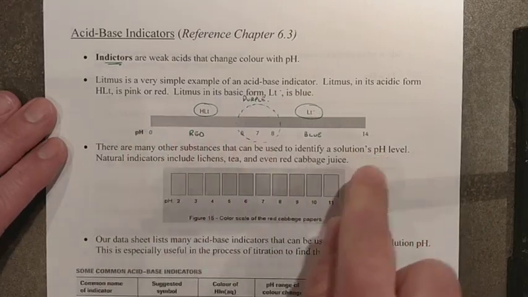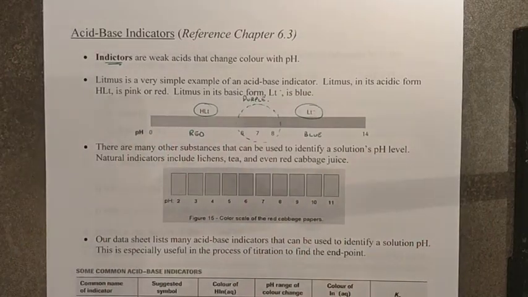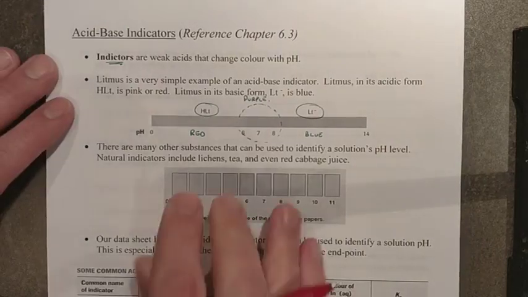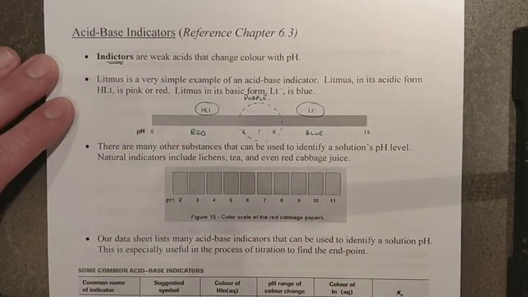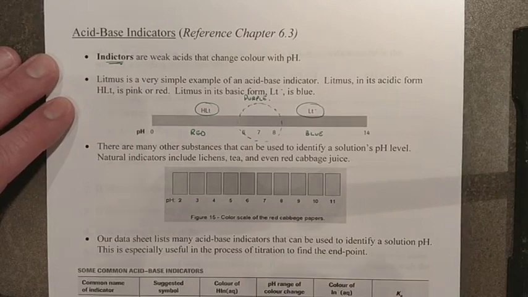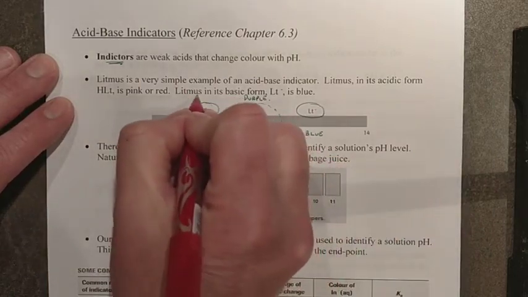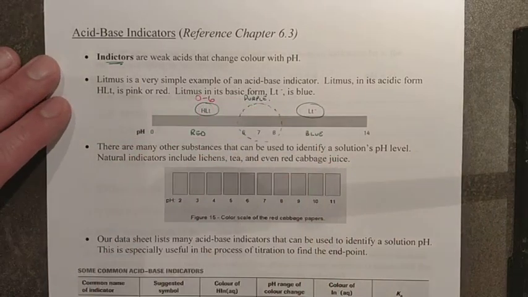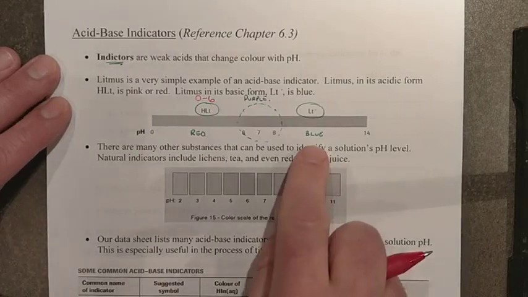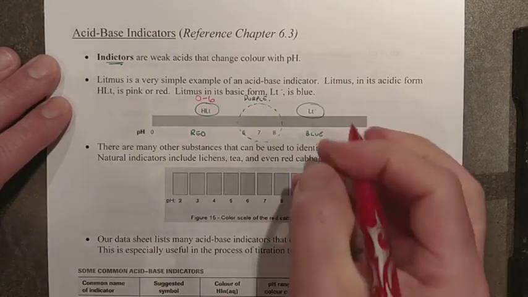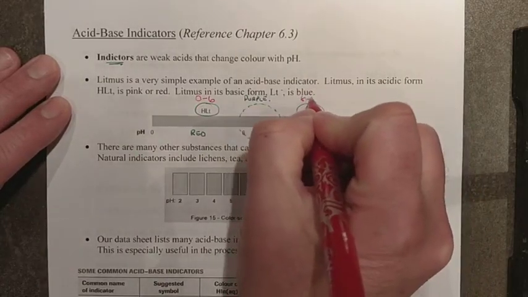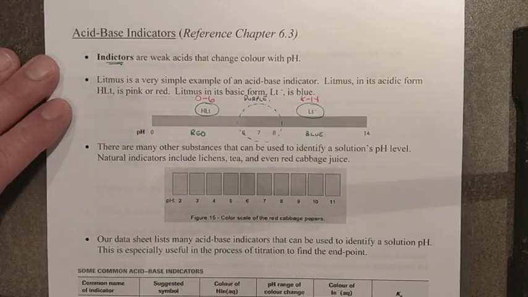All right, and so if we actually have liquid litmus, we can get some very good information on approximate pHs. If litmus is definitely red or pink, then it is definitely between 0 and 6 for a pH. If it is definitely blue, then it is definitely between 8 and 14 on your pH scale.